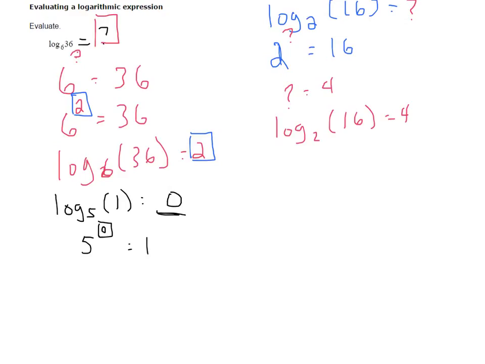And in fact, that's going to be true anytime you take a log. It doesn't matter what the base is. Log of 1 equals 0, because for any base a, log base a of 1 equals 0, because a to the 0 power equals 1 for any base a, as long as a is not equal to 0.